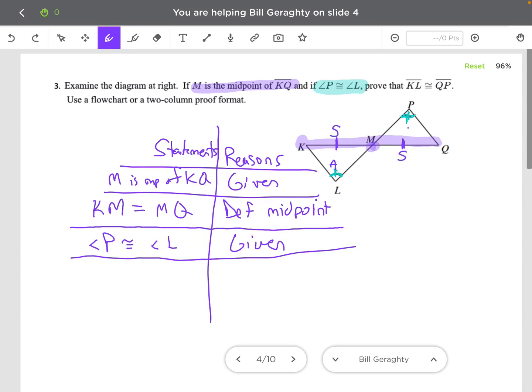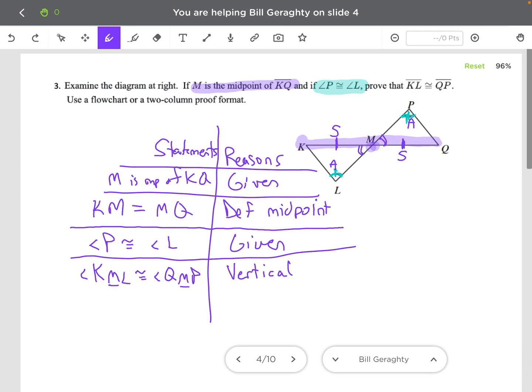I have this blue angle with this blue angle. And if you guys remember, I don't have parallel lines, so don't do the Zorro, the little Z angles. But I do have vertical angles. So I have angle, I can't say M is equal to M, so I'm going to name it with 3 letters. Remember, KML is equal to angle, I used K, so I'm going to do Q, QMP. M has to be in the middle, that's your vertex, and that is because those are vertical.